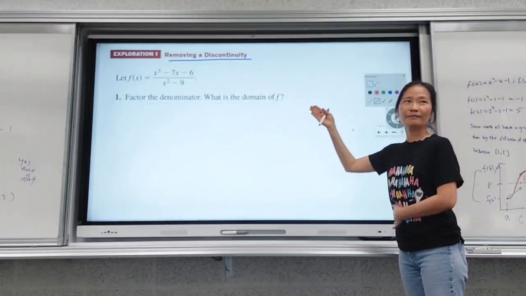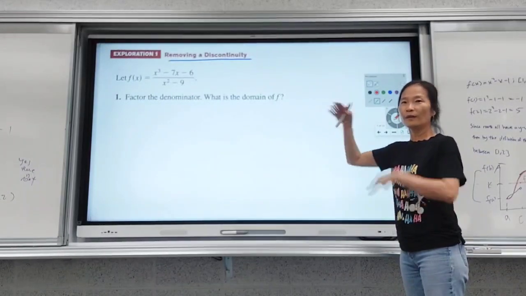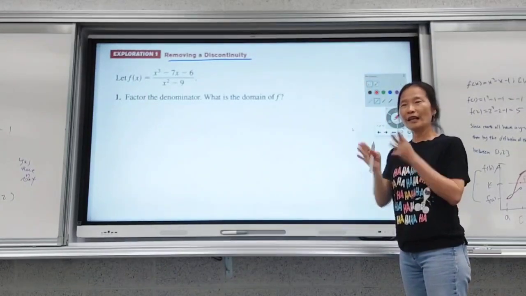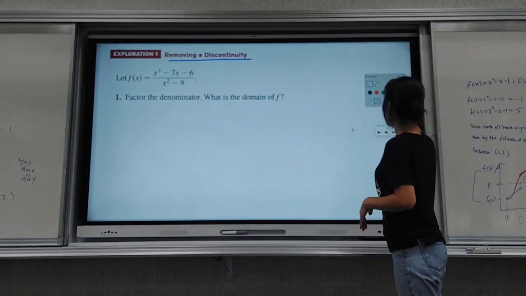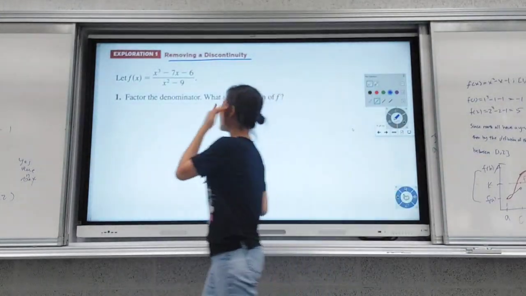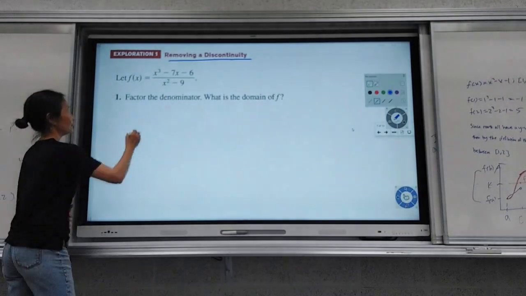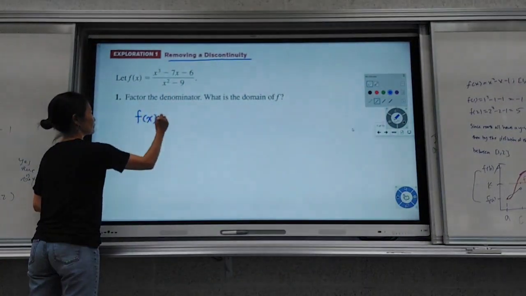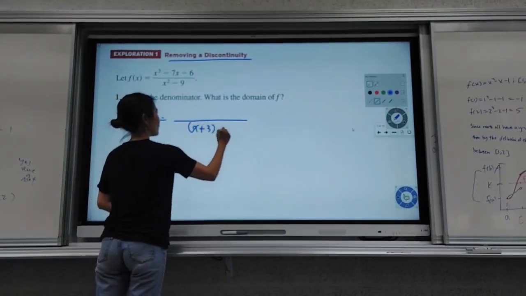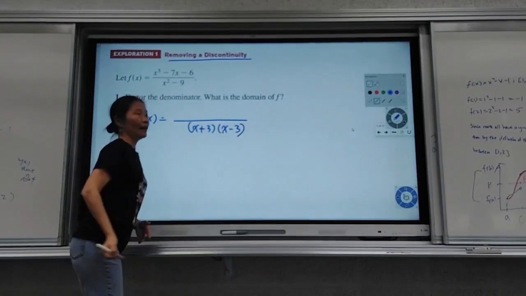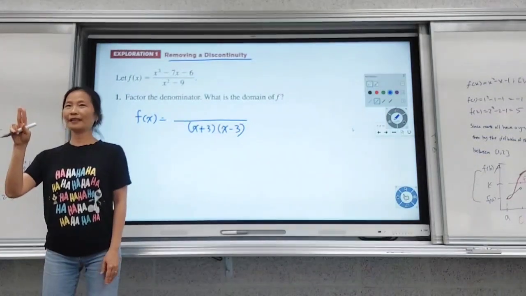First step, we know the hole in a rational function is a factor that can be canceled. So our first step is to factor the denominator. Plus 3, minus 3. There are two possibilities, right?